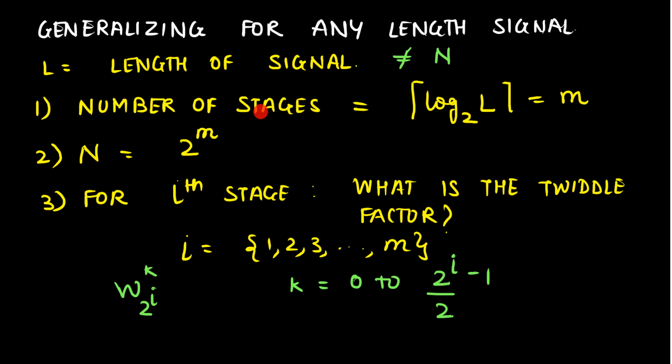We found that the number of stages is given by log L to the base 2 with a ceiling, which we denote by m. The value of N is to be chosen as 2 to the power m. We said that for the ith stage the twiddle factor is given as W 2 to the power i, to the power k, and this k varies from 0 to 2 to the power i by 2 minus 1. So let's stop here. Thank you.